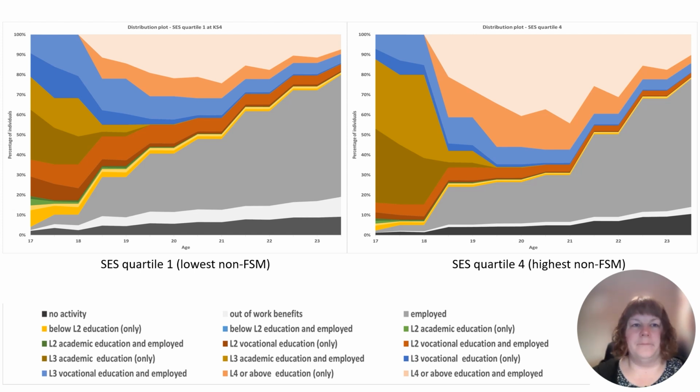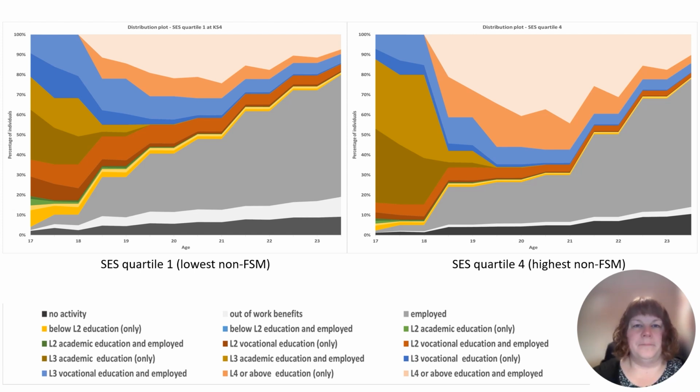We're doing that separately for different groups, and here I'm focusing on those in the no free school meal eligible part of the population: the lowest quartile of that group on the left-hand side, the highest quartile on the right-hand side. So you can think of this as the most and least disadvantaged amongst that group of individuals.